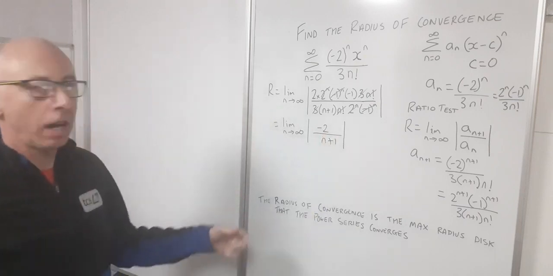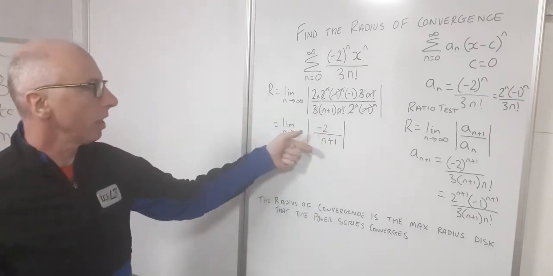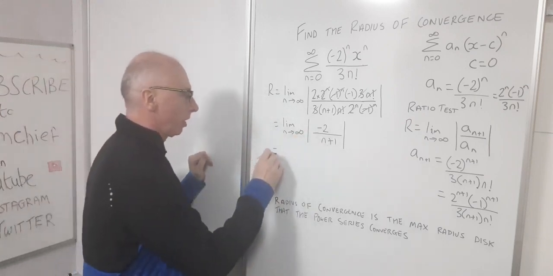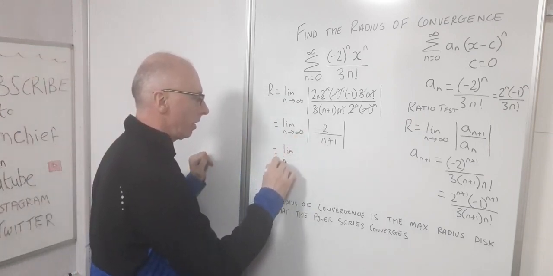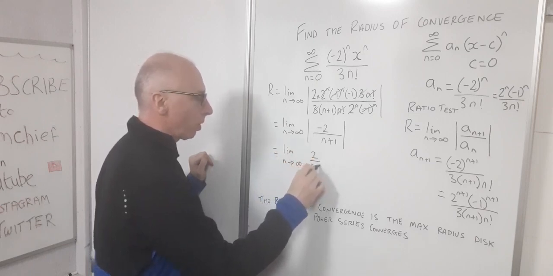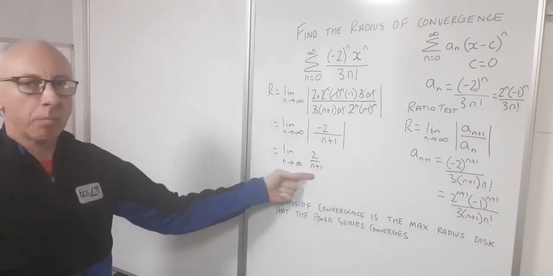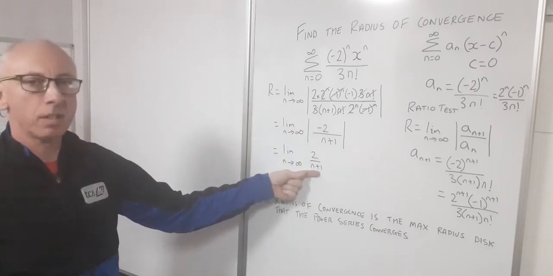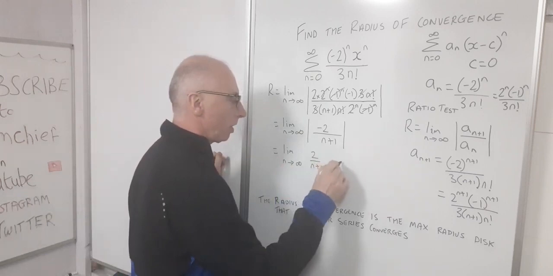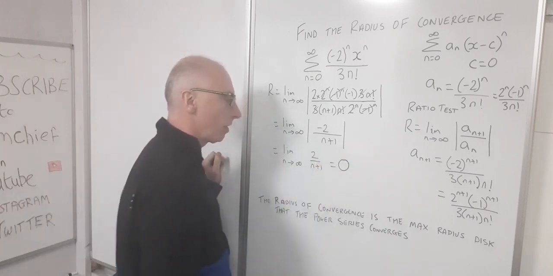Okay, now if I take the absolute value of this, the minus sign will disappear. So then I've got the limit as n approaches infinity of 2 over n plus 1. Now as n approaches infinity, this will approach 0. So therefore my limit as n approaches infinity is just 0.